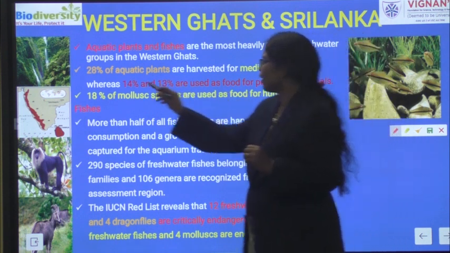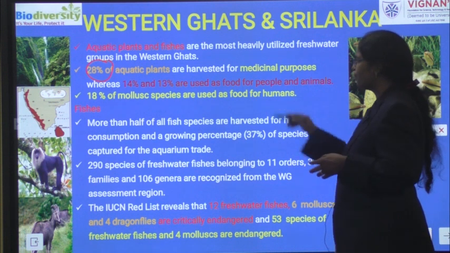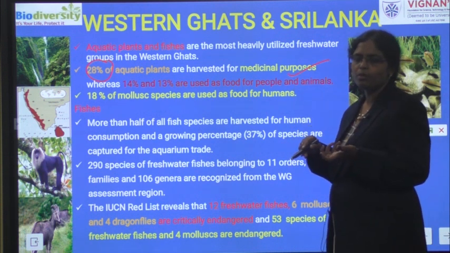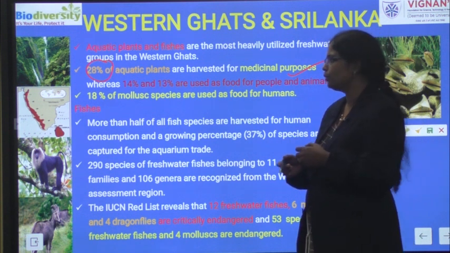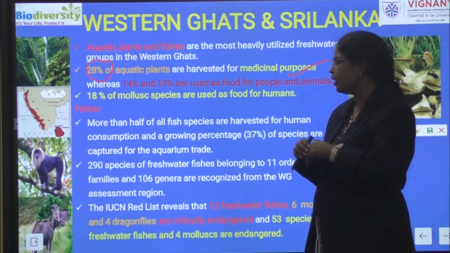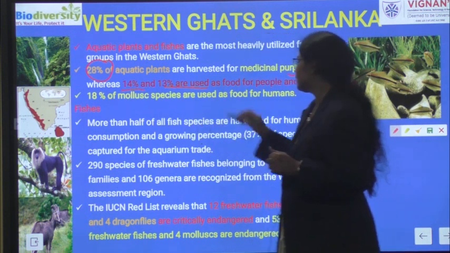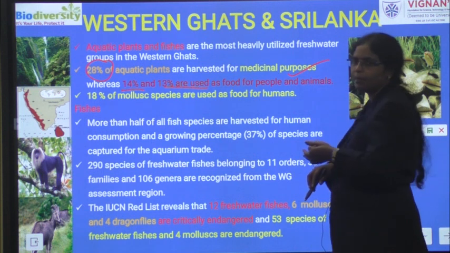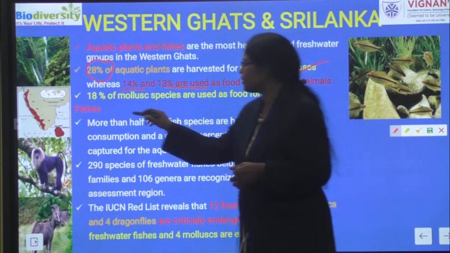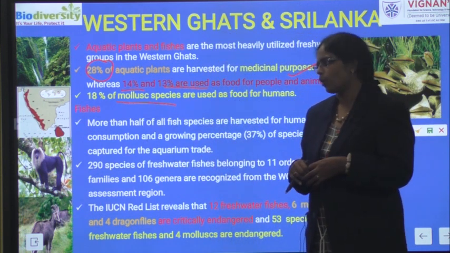Here 28% of the aquatic plants are used for medicinal purposes, for a variety of active compounds of medicinal value. These 28% of aquatic plants are used in therapy, and 14% and 13% are used for people as well as animals respectively. And 18% of molluscan species are present in these water bodies.